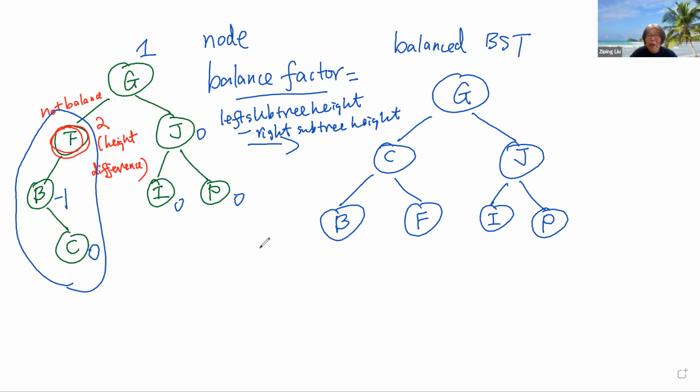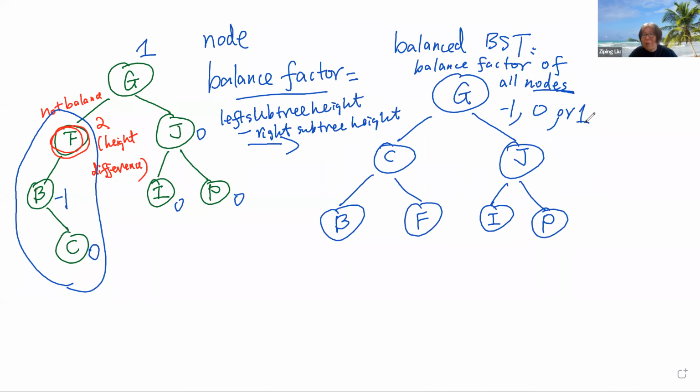And what is considered a balanced tree? The balance factor of all nodes, be careful, can be either -1, 0, or 1.